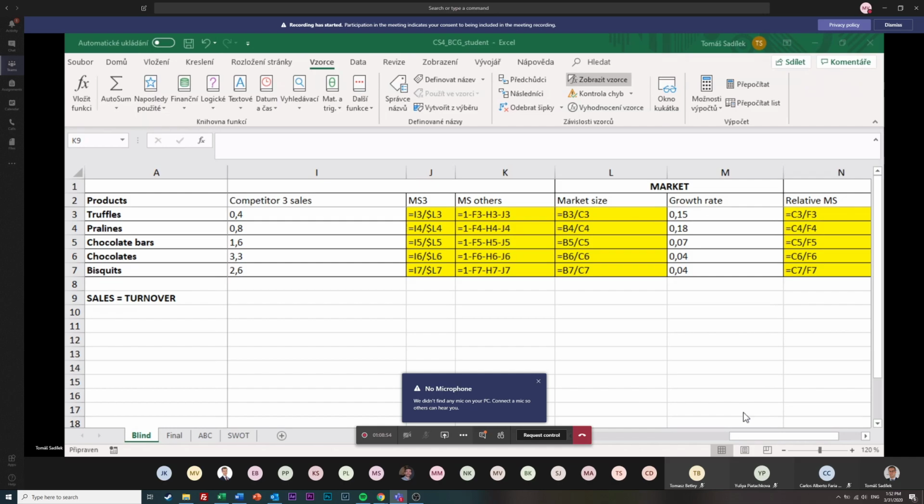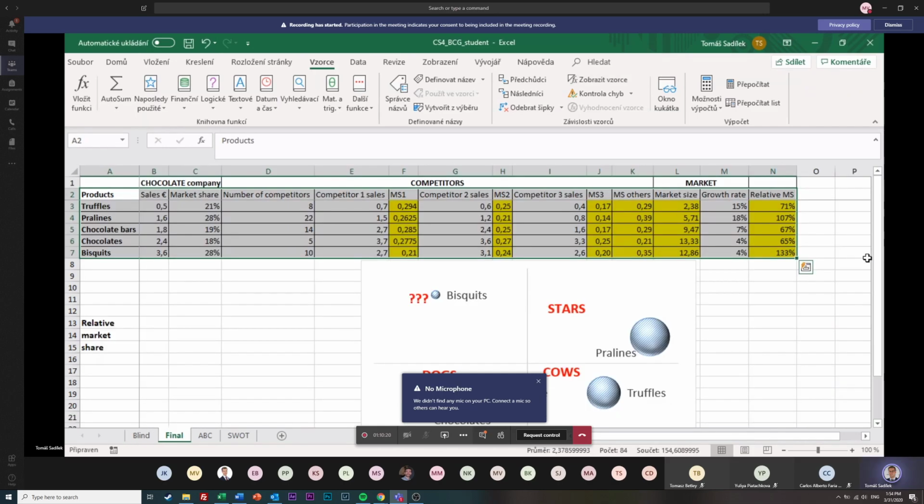Based on this, you can decide on the solution: first, what's the distribution of the products in the BCG matrix, and how to interpret them. So the easiest way is to copy this table and paste it into final.